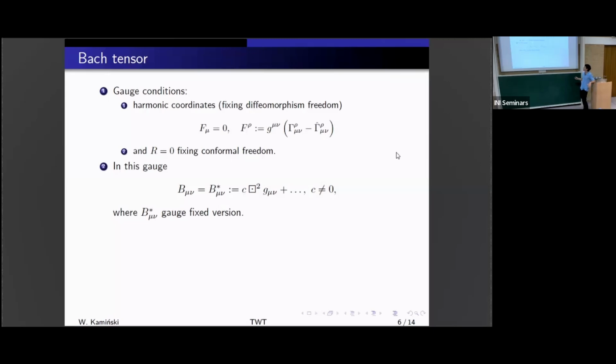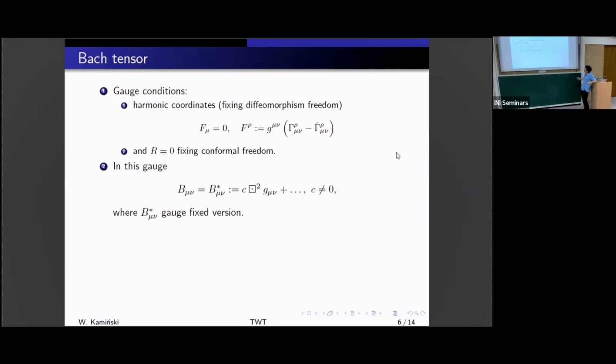And the second choice would be that the Ricci scalar is 0. This can always be achieved, at least locally, by solving the equations for the coordinates. And this is the Yamabe equation, but in Lorentzian signature it's a wave equation, so one can solve it.